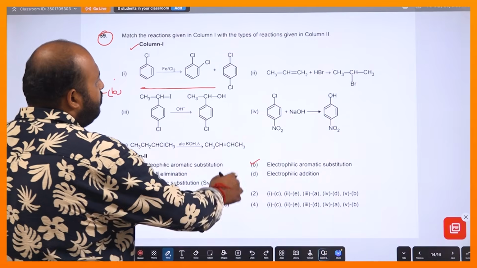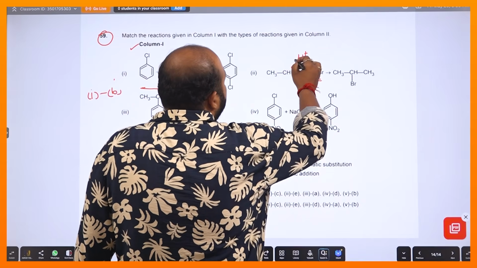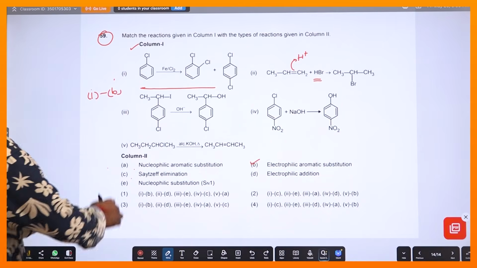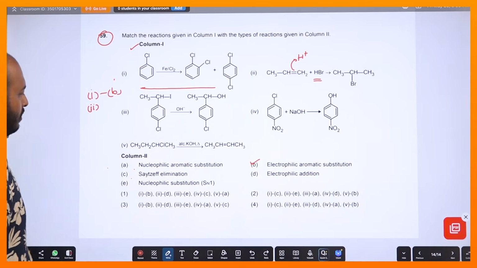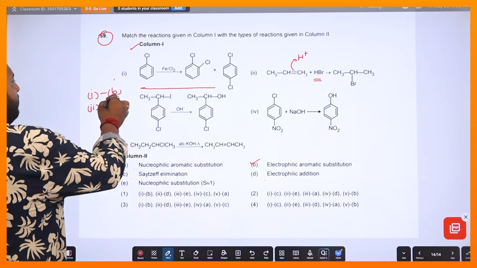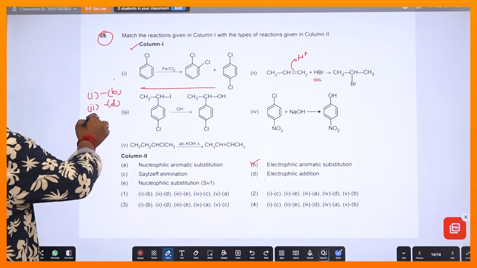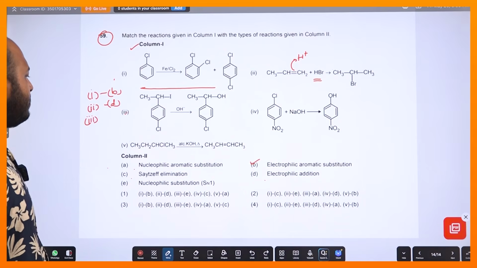For 2, this is an electrophilic addition reaction. So 2 will be electrophilic addition, D. And for 3, what kind of reaction is this?